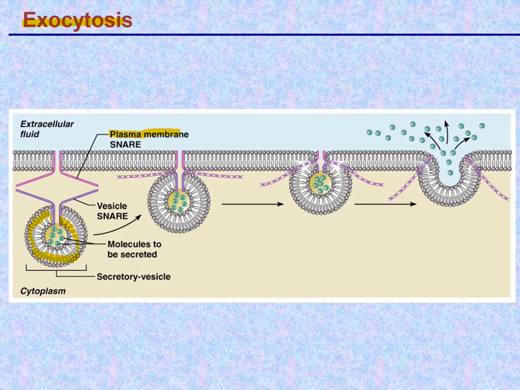Very similar in many ways, although a little more complicated structure, certainly, to a bubble coming into contact with a larger bubble and then just fusing with it. So the phospholipid membrane of the vesicle actually becomes part of the plasma membrane, and therefore the molecules that were inside are now continuous with the outside and are secreted out in this way. That's a good example of exocytosis, vesicle transport, and an active transport mechanism.